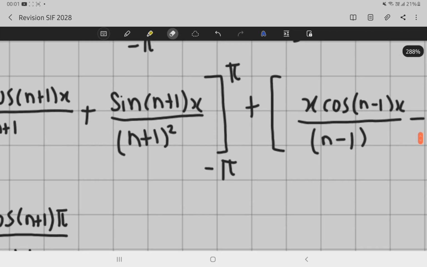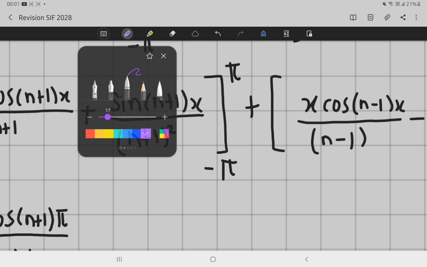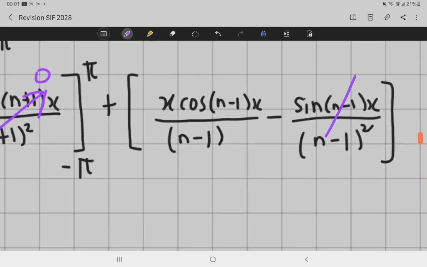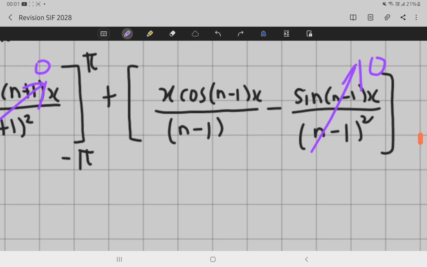So of course, because sine is 0 at any integer multiple of pi, we expect this to be all 0, and this also 0. So okay, so I already knew about that, from minus pi to pi.